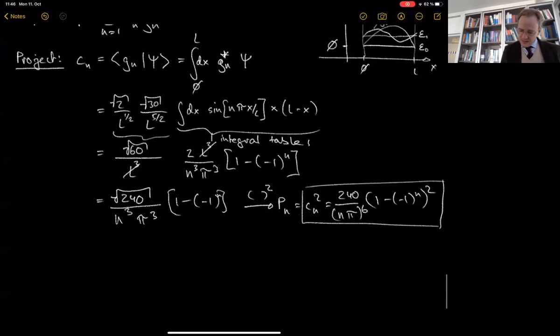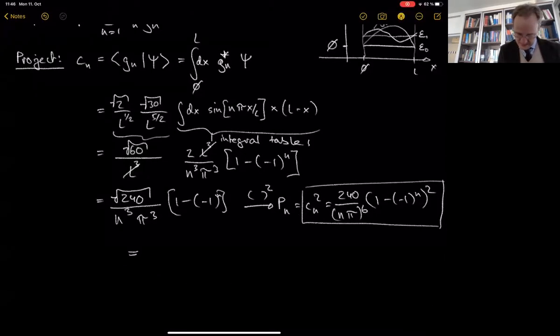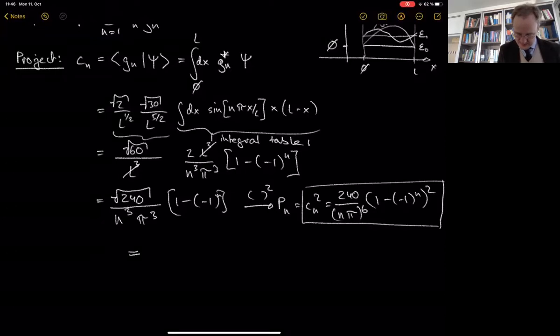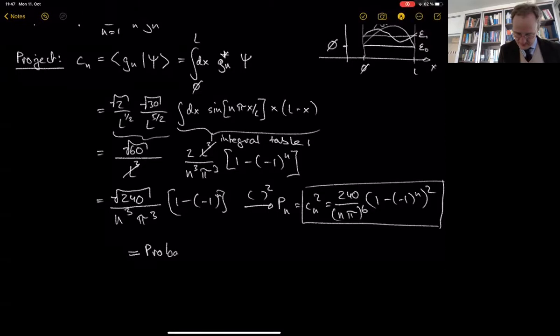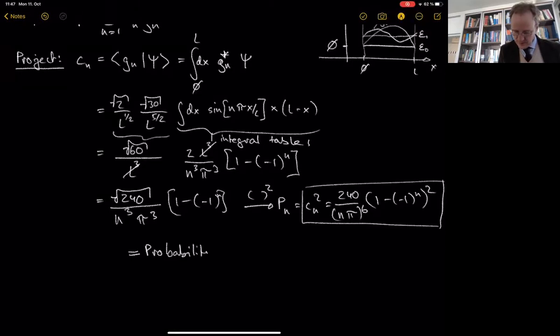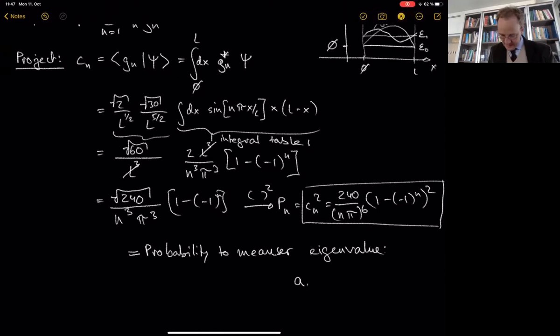So this is the probability to measure an eigenvalue. Now, what is the eigenvalue in the particle in the box? It's An equals the energy, let's call it En.